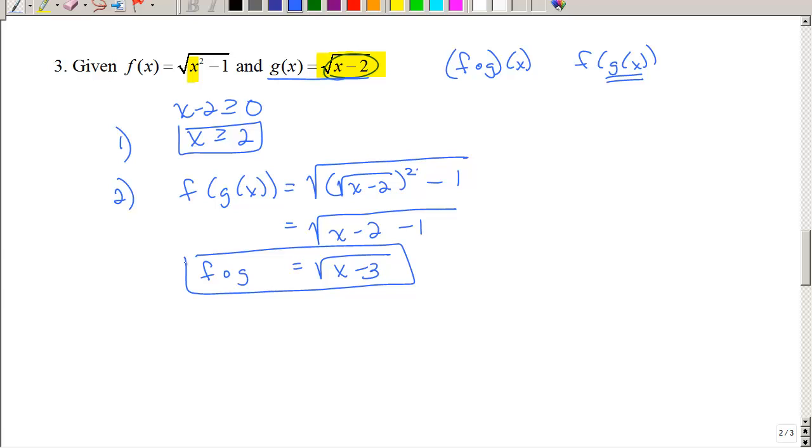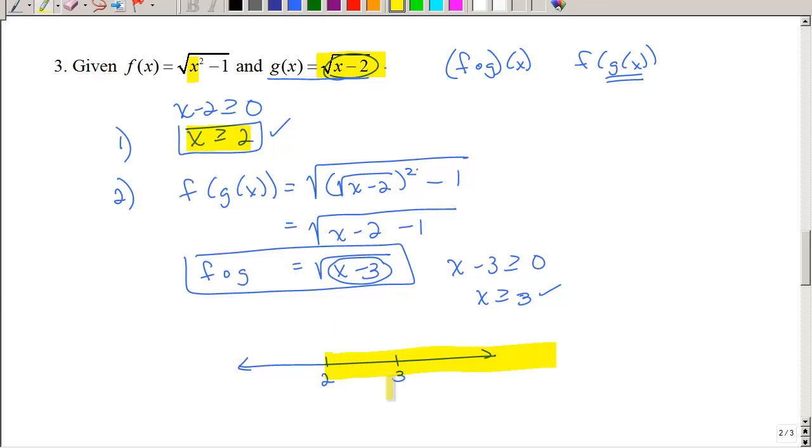What is its domain? Well, just like up here, this has to be greater than or equal to 0. So it says x is greater than or equal to 3. I have this and I have this. Let's look on a number line. Here's 2, here's 3. This says x can be all of those numbers. This says x can be all of those numbers. Where do those overlap?